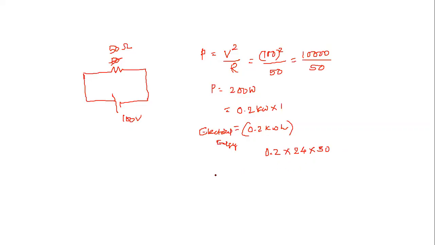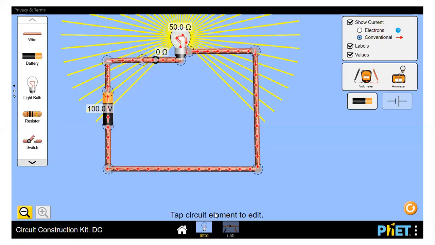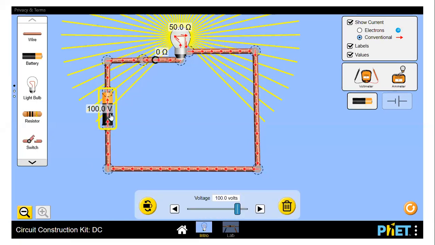Obviously, you need to multiply by the per unit cost, right? Now, let's see if I can play with the circuit. Let us reduce this voltage now.